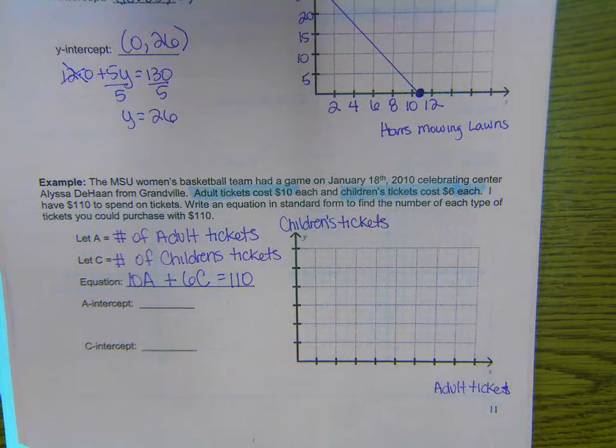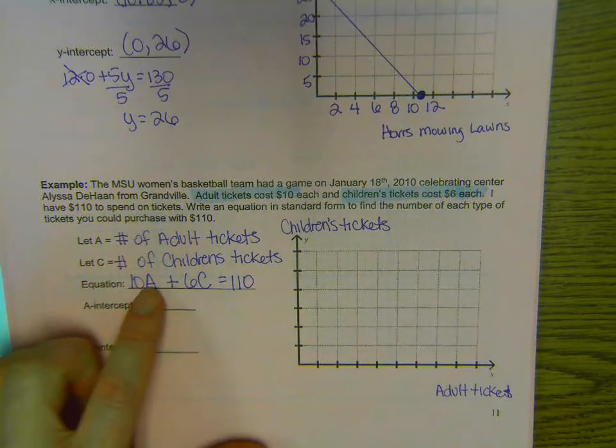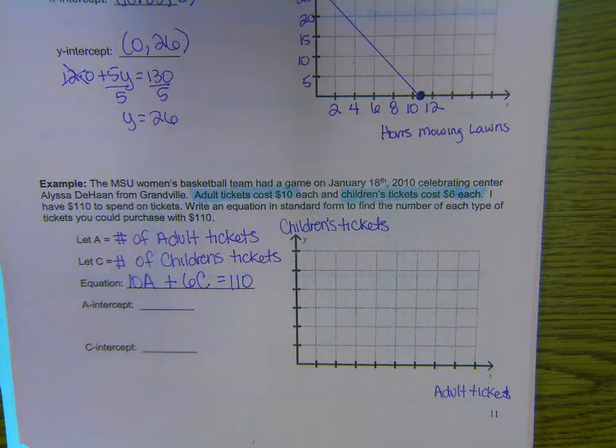Okay. Let's figure out what the x and y intercepts are before we pick our scale. The A intercept would be the same thing as the x intercept. Would you find it, now that you know how to do this? Give us a second.